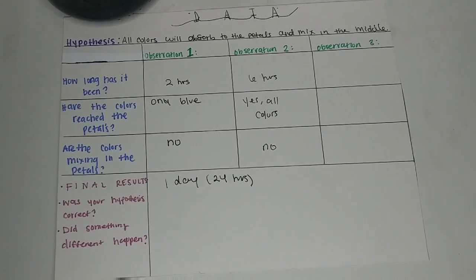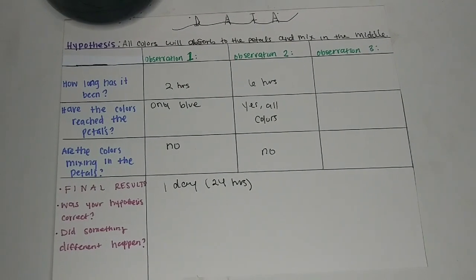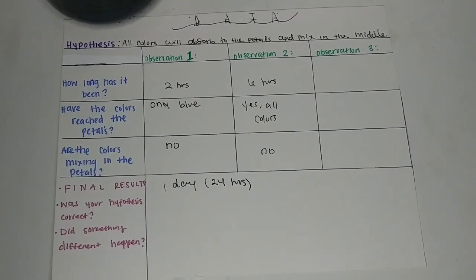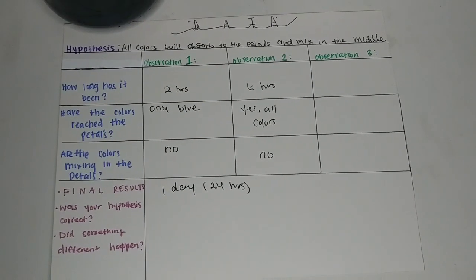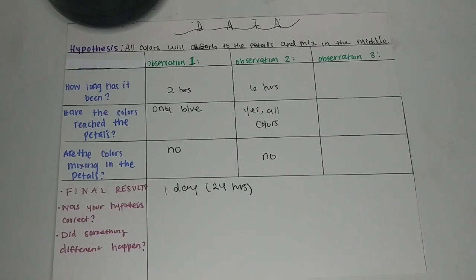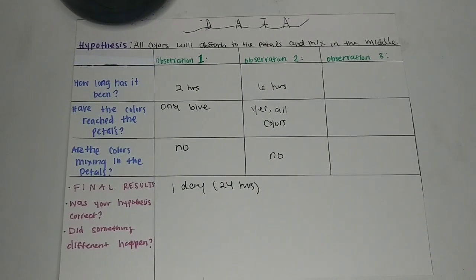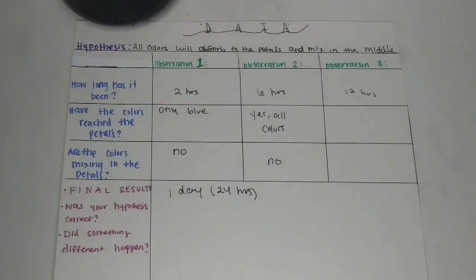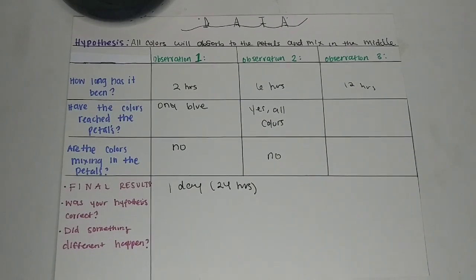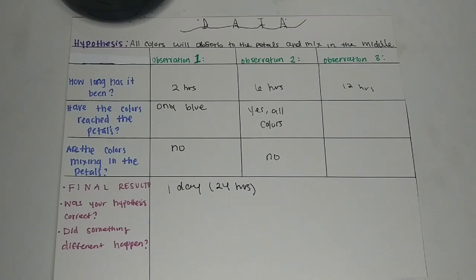It has been 12 whole hours since we placed the flowers in the color. So for how long has it been? I wrote 12 hours. For have the colors reached the petals?